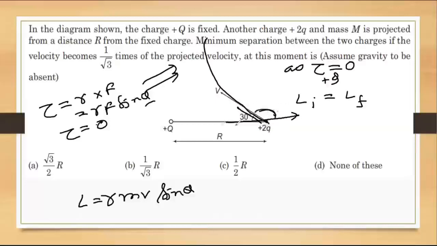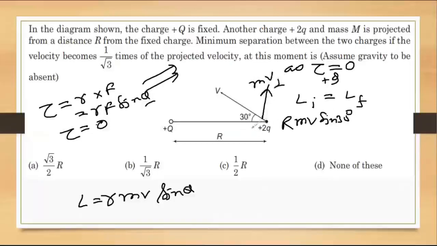Or you can take mv sine 30, because mv sine 30 will be the perpendicular component. So the initial angular momentum is R mv sine 30, the perpendicular component of mv, because the parallel component creates no angular momentum.